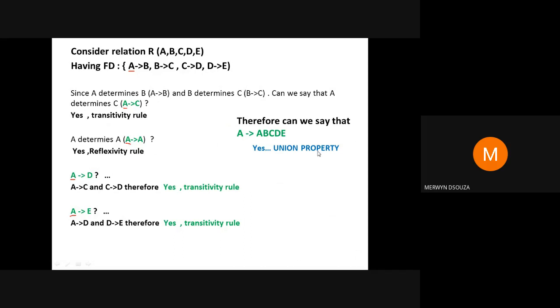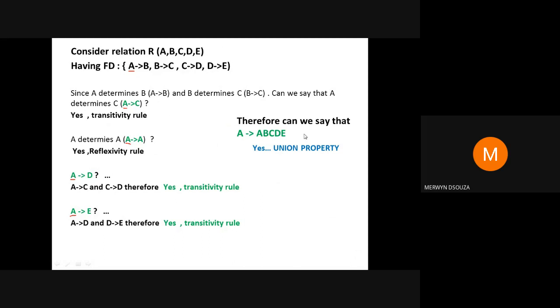Students, you need to study the Armstrong axiom inference rules properly in order to understand what is going on in this video. If you have not watched that video, please do watch it and then watch this video.